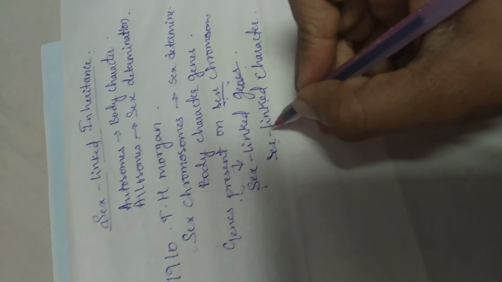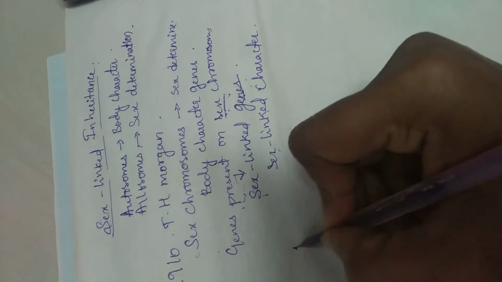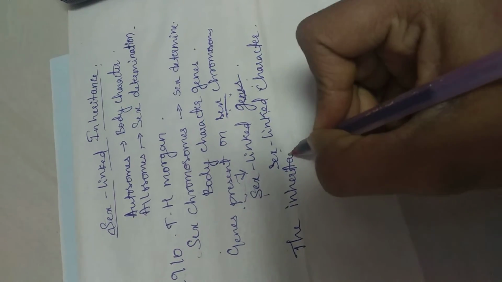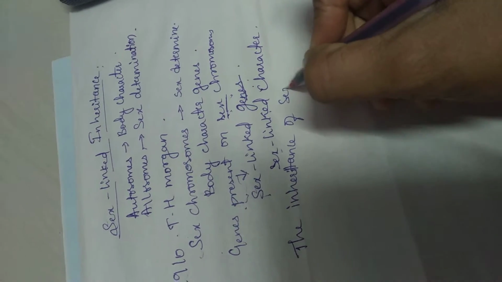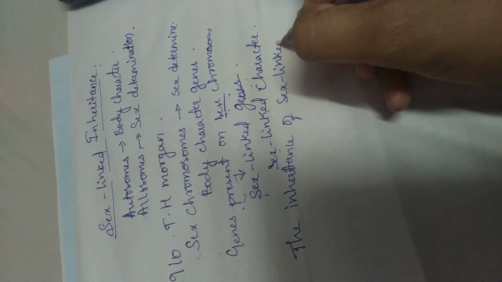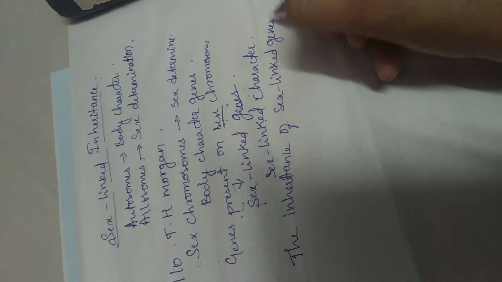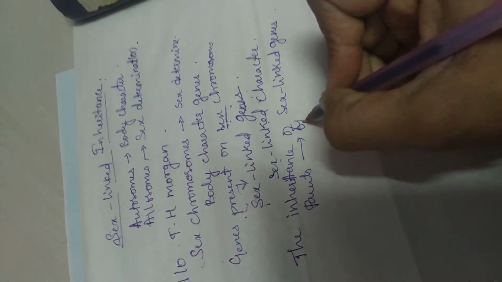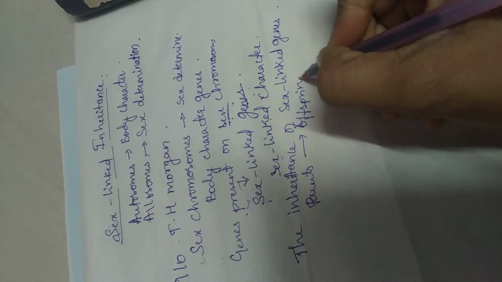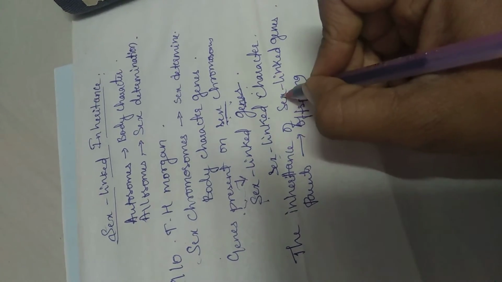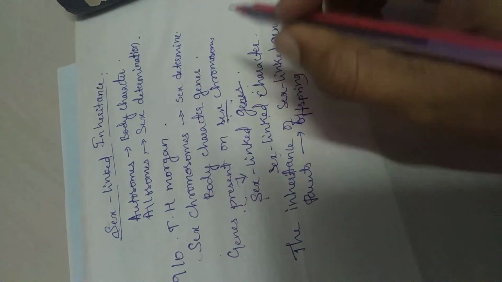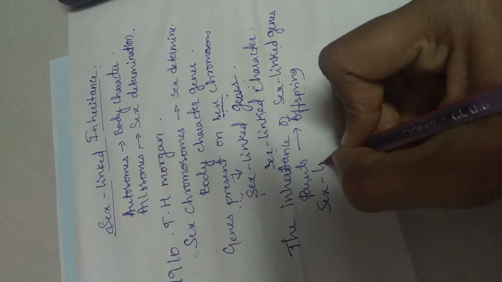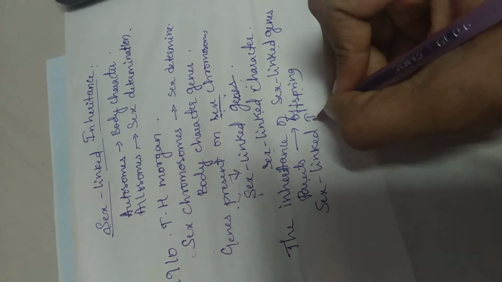Now, the inheritance of sex linked genes from one generation to another generation, or from parents to offspring, the body characters along with the sex, is called sex linked inheritance.